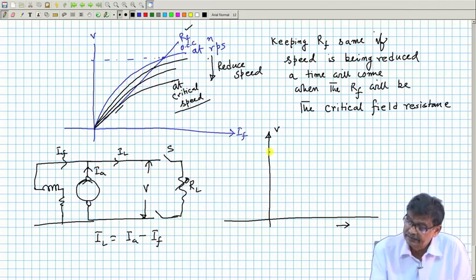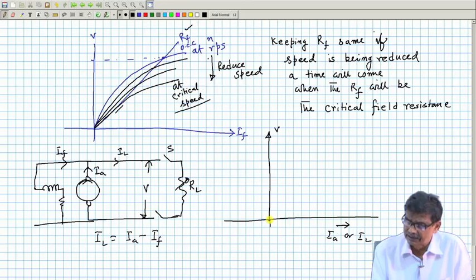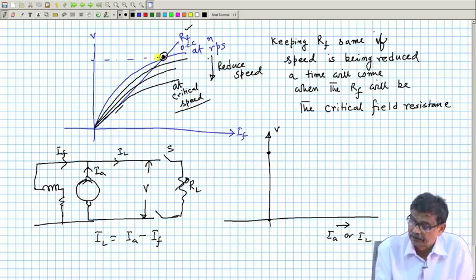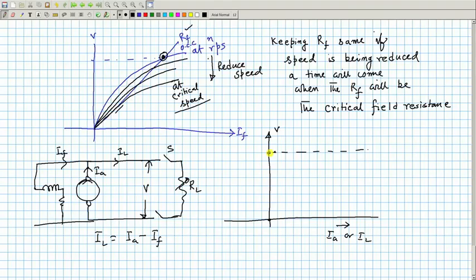So, in the load characteristics, the main point to be remembered for a shunt generator is this: when the load current IL or IA is practically 0, the generated voltage will be corresponding to this point. And then we have seen an interesting thing, that in case of a shunt generator it will go like this, then finally it will come back here, and this current value will be nothing but the generated voltage due to residual field divided by RA, a very small current.